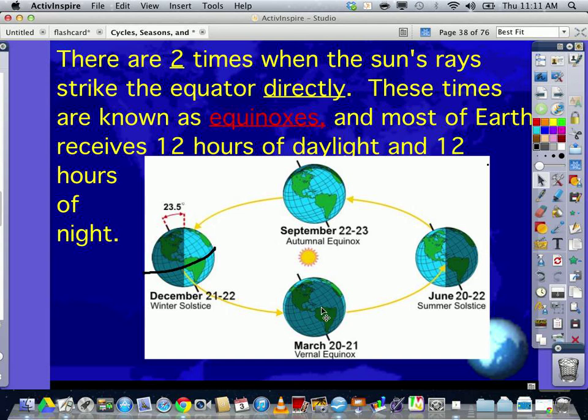Here the Earth is tilted neither towards or away from the sun. So take a look. Here is away, here is towards, but in these two, during March and September, it's neither towards or away.